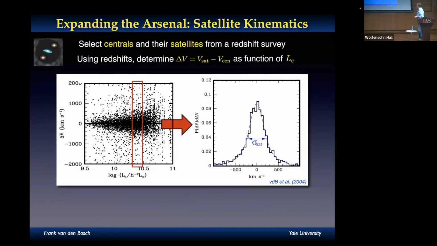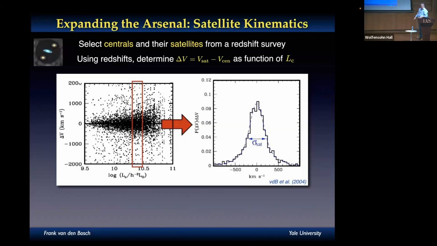You can also see interlopers here. These are probably galaxies that I've selected as a secondary that live in my cylinder, but they're clearly not related to the primary. But they're not that hard to correct for. So what you then do is take a slice, you bin all the centrals in a given bin here, and plot the velocity distribution, P of delta V, of all these satellites.